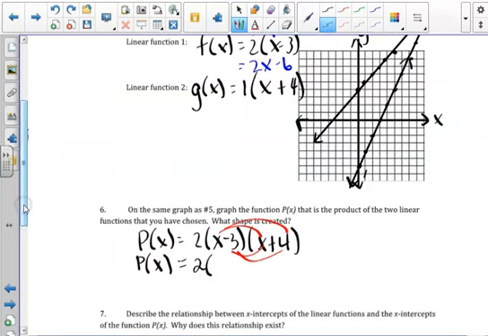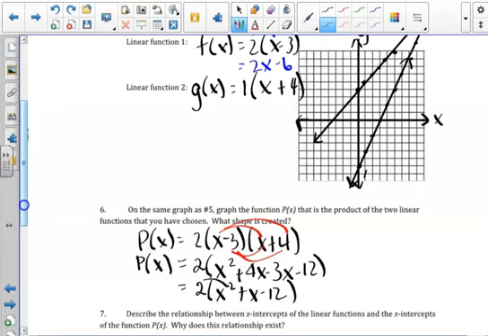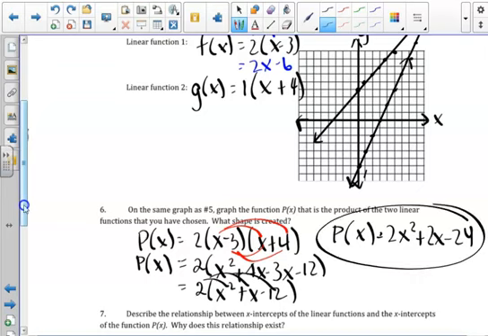So we would get 2 times x squared plus 4x minus 3x minus 12. When we combine like terms, we get plus x minus 12, and distribute the 2. So p of x would equal 2x squared plus 2x minus 24. And they ask us to graph this product on the same graph as above.